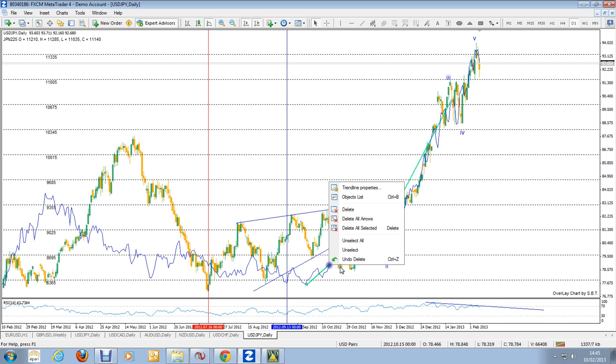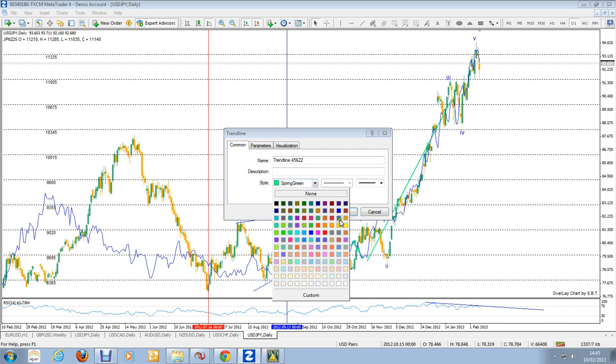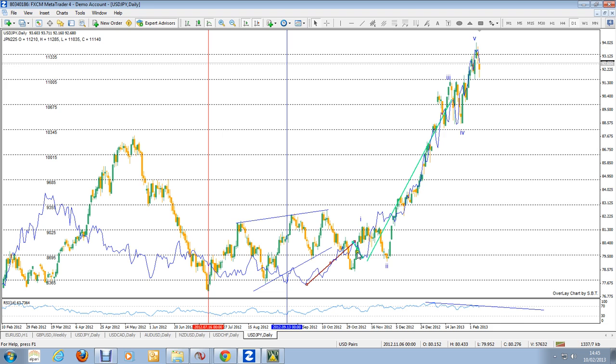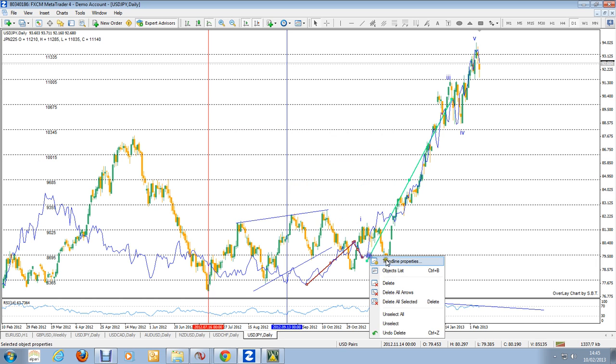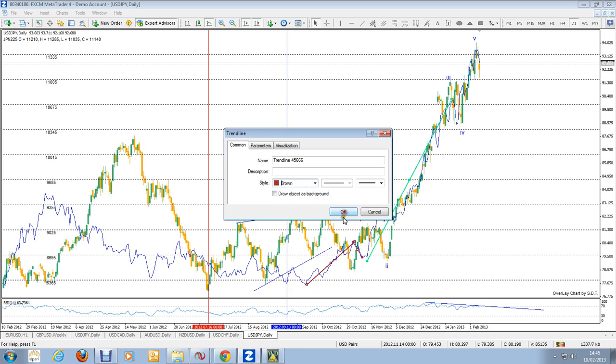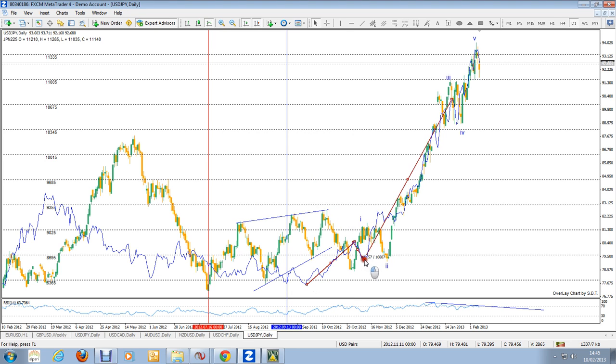In fact, let me make that one brown, easier for my eye, and contrast it with the other colors on the chart. So the yen's gone wave 1, wave 2, and then all of this here is wave 3. It's had a retracement wave 4, which is there, and then this final leg up as wave 5.